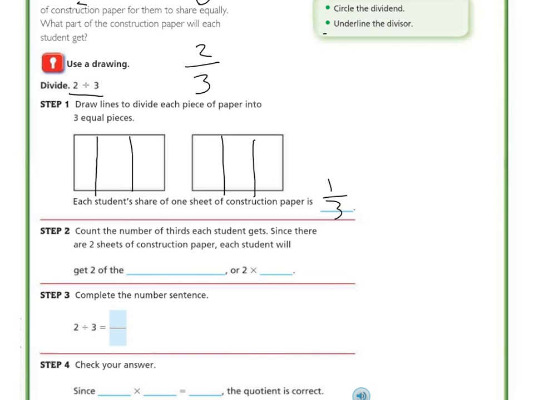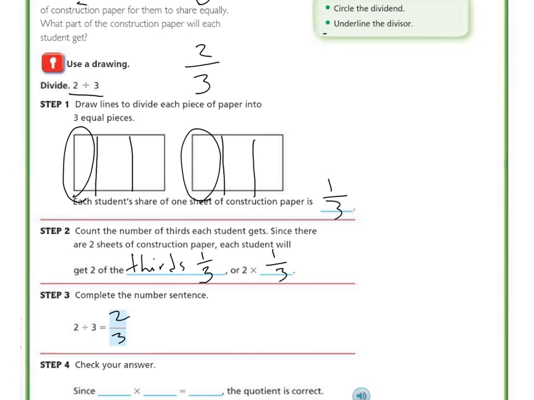Let's count the number of thirds each student gets. Since there are 2 sheets of construction paper, each student will get 2 of the thirds, or 2 times 1/3. So 2 divided by 3 is 2/3, because each student is going to get 2/3.